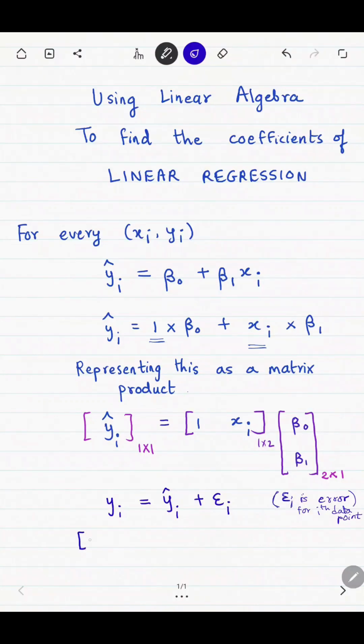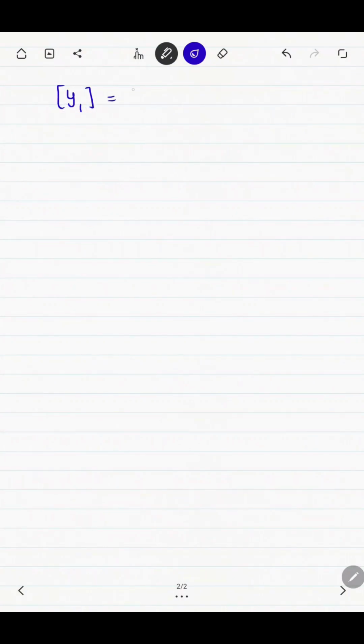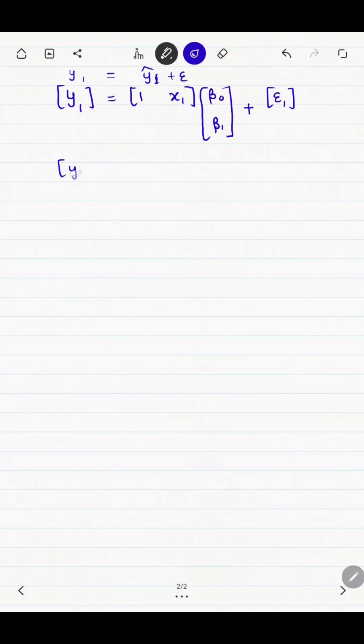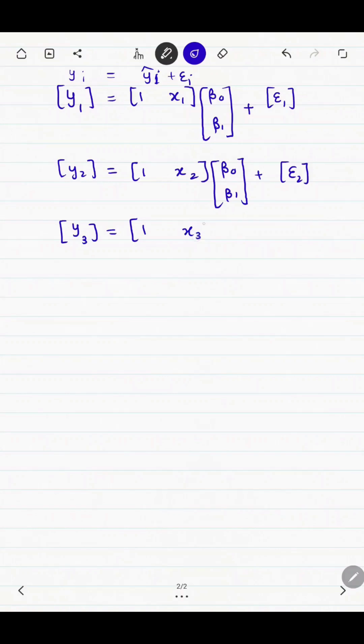So y1 is equal to 1 x1 times beta naught beta 1 plus epsilon 1. y2 is equal to 1 x2 multiplied by beta naught beta 1 plus epsilon 2. y3 is equal to 1 x3 multiplied by beta naught beta 1 plus epsilon 3.